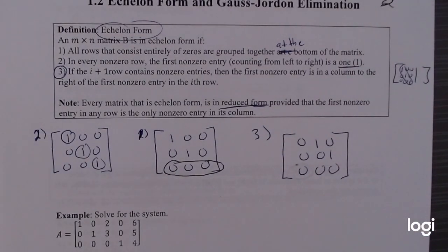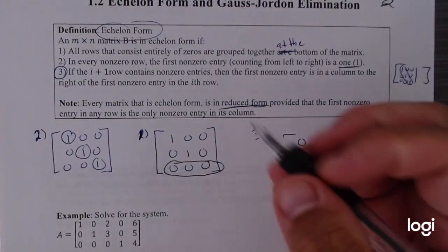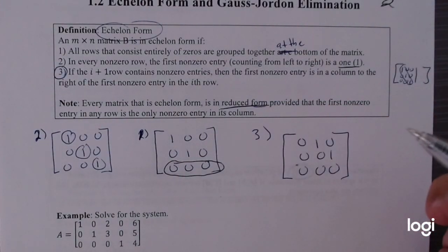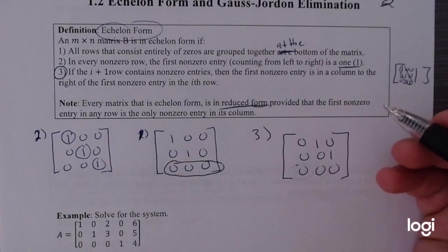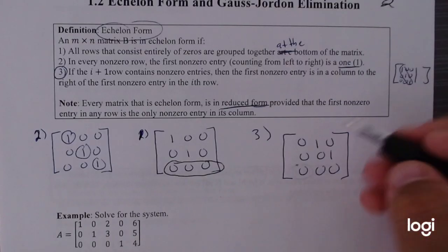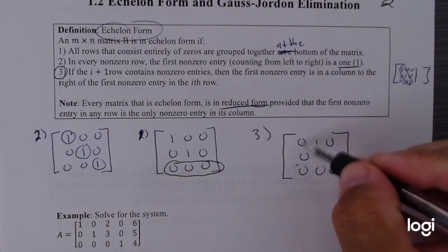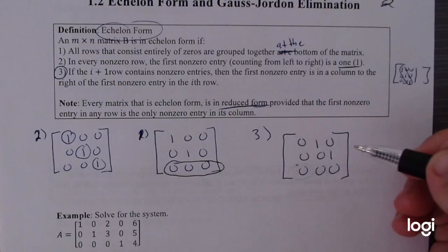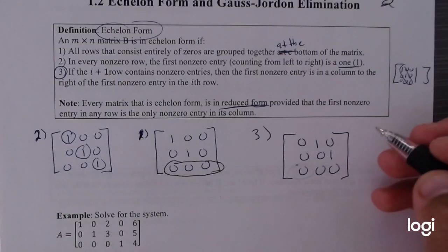Now, the reason why this is interesting is what the third one talks about. If the ith plus 1 row contains non-zero entries, so these two here represent non-zero entries, then the first non-zero entry is in the column to the right of the non-zero entry in the ith row.